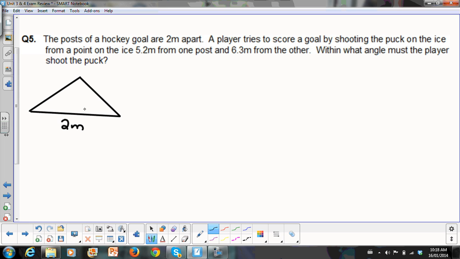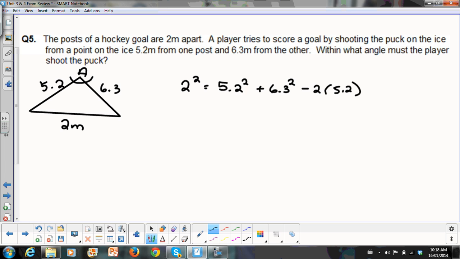A player tries to score a goal by shooting the puck from a point 5.2 meters from one post and 6.3 from the other. Within what angle, I'll call that angle A, must the shooter shoot the puck? We are using the cosine law again for the same reasons as before. 3 sides given and 1 angle missing. Remember that the side length that starts the formula is opposite of the angle that ends the formula.